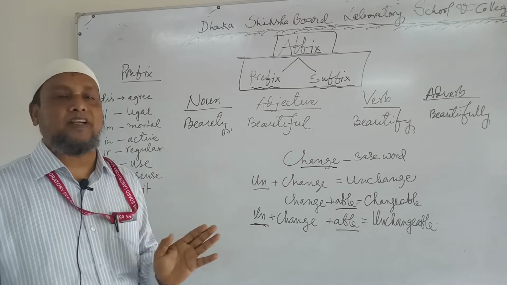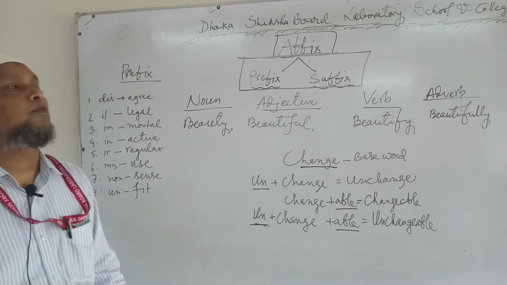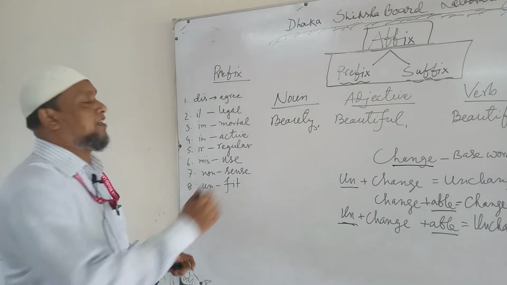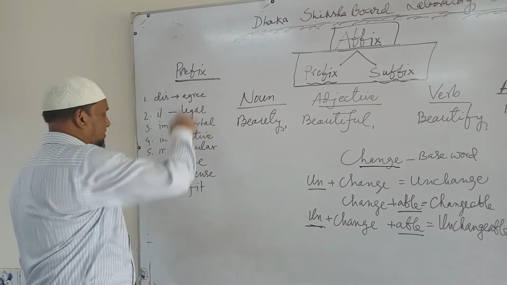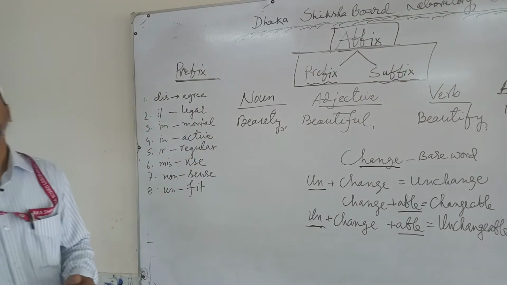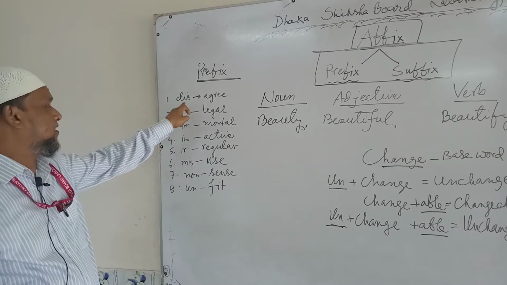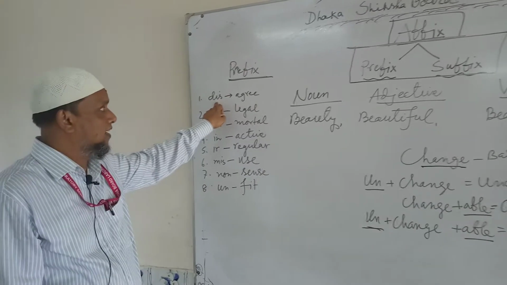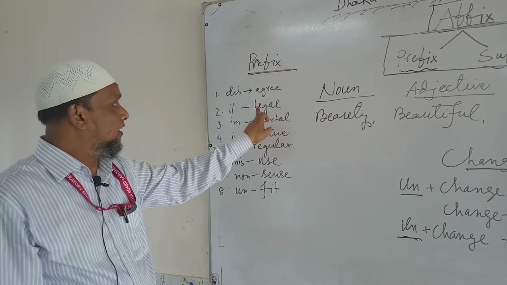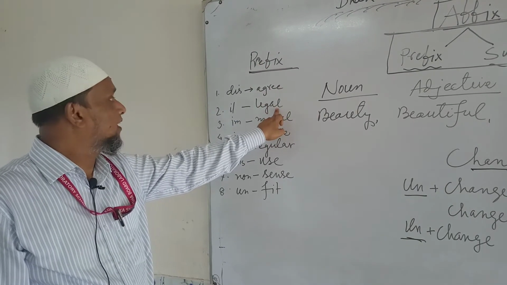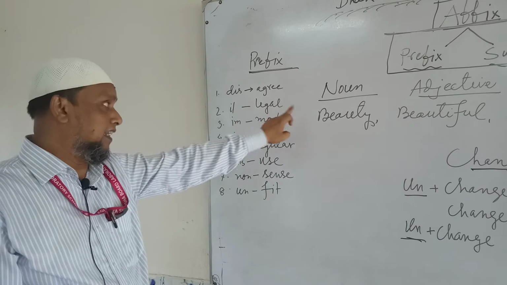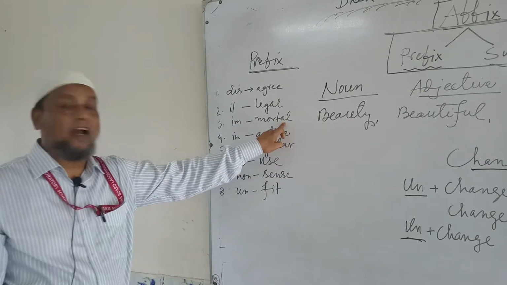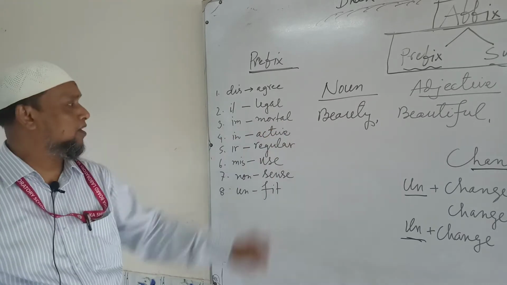I think you have already understood the matter. Now, how can we make prefix? Here there are some examples. I am telling you one by one. First one, the base word is agree. If we add dis, the word is disagree. Then legal. If I add il, then illegal. If the word is mortal, if I add im, that is immortal.